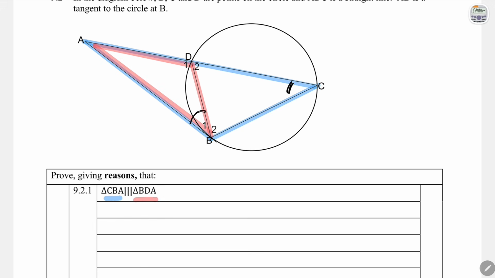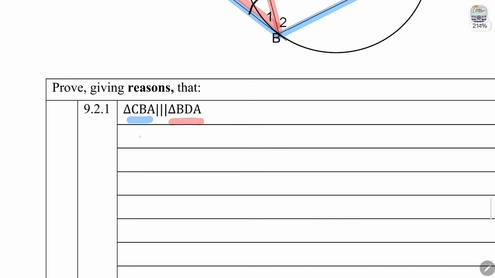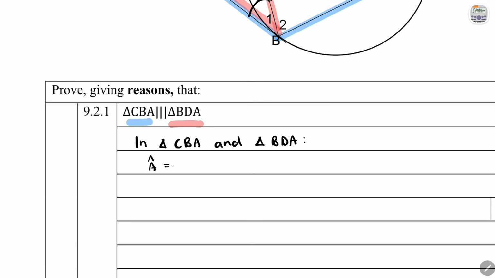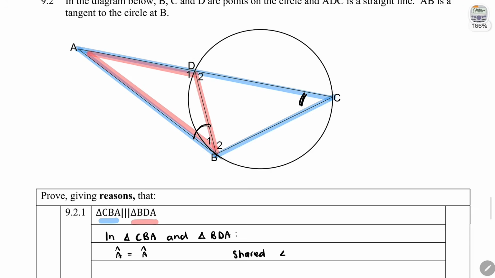Let's go ahead and name our triangles first. We'll tell them in triangle CBA and triangle BDA, we have angle A being equal to angle A, and this is because it is a shared angle. It's not something we have to look for, it's just already shared.